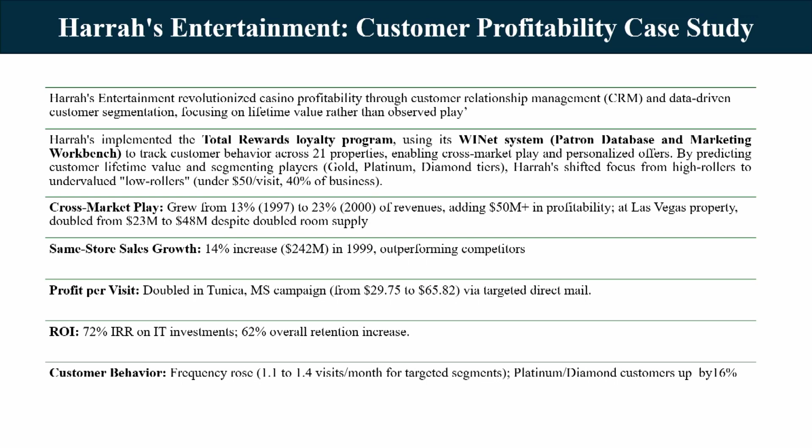By predicting the customer's lifetime value and segmenting the players, as they are in the casino industry, they segmented the players as gold, platinum and diamond tiers based on the profitability of those customers. It shifted the focus from high rollers to undervalued low rollers, right. Even low rollers were creating significant value for the organization.